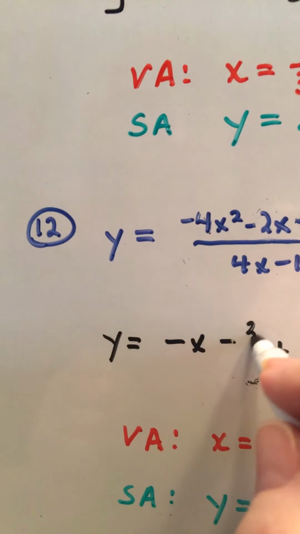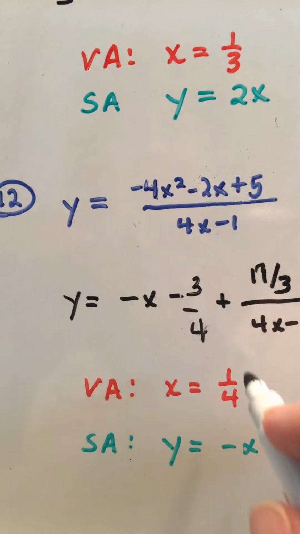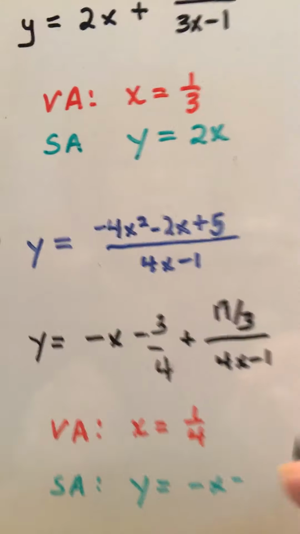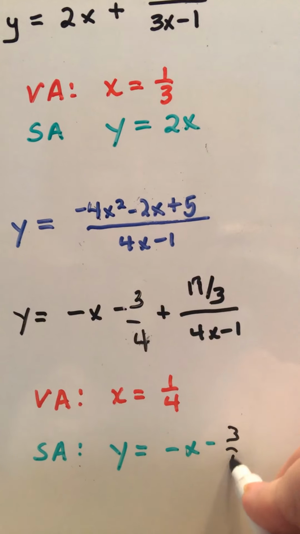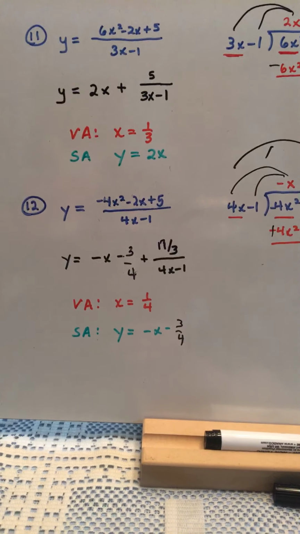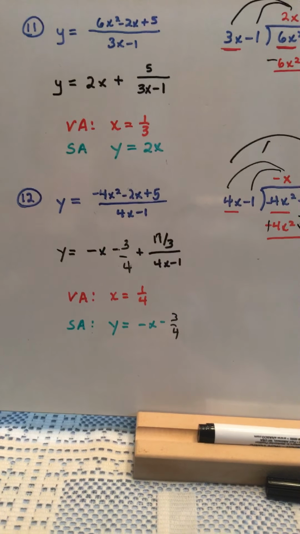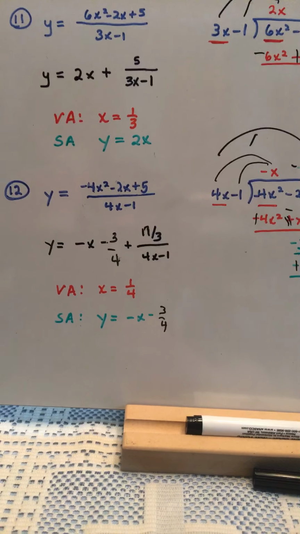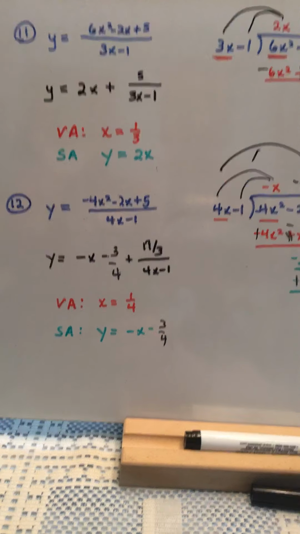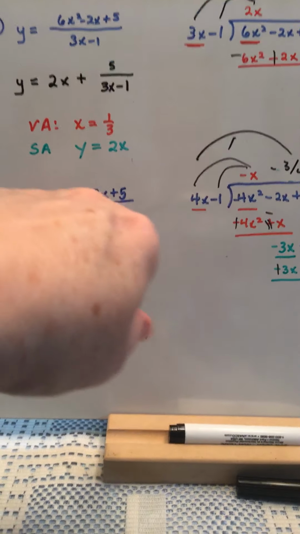So this is -3/4. This is 17. And this is going to be 3/4. And so we have that our vertical asymptote is x equals 1/4, and our slant or oblique asymptote is y equals -x minus 3/4.